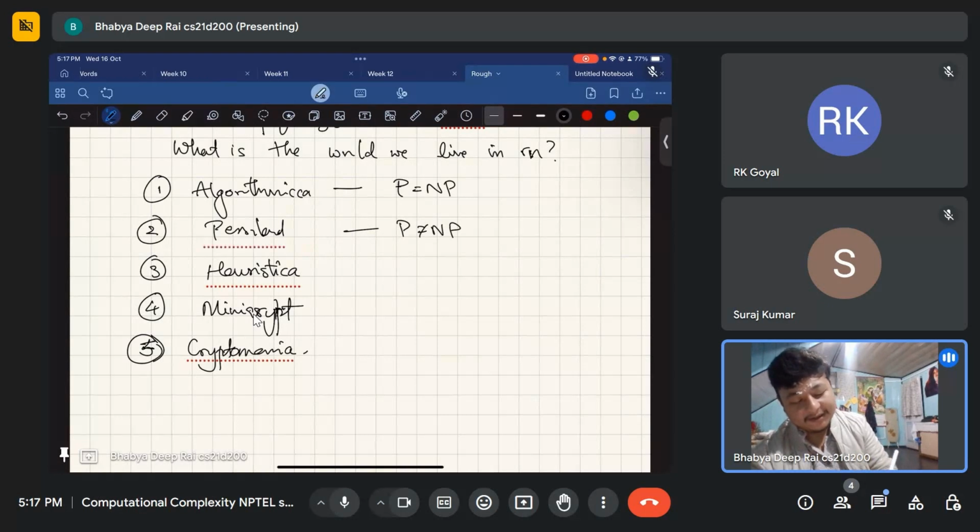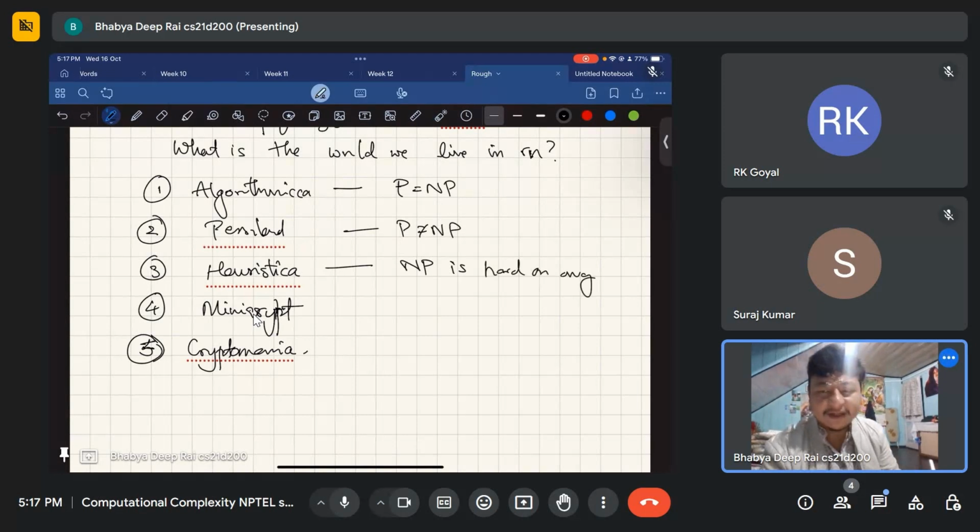Heuristica is where NP is hard in the worst case but easy on average. Minicrypt and Cryptomania are where one-way functions exist.